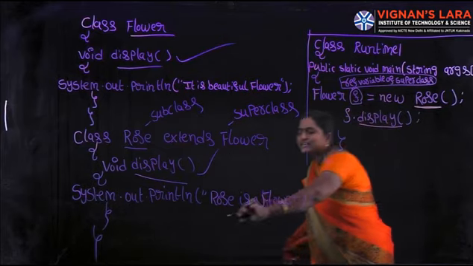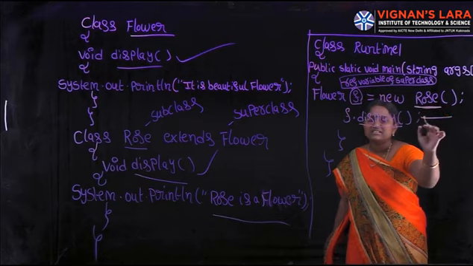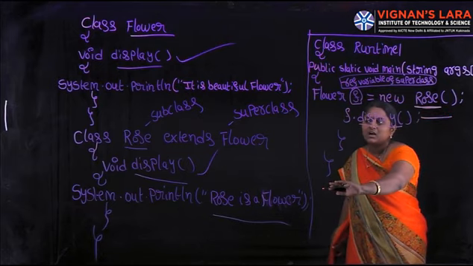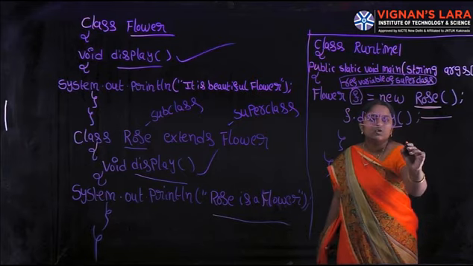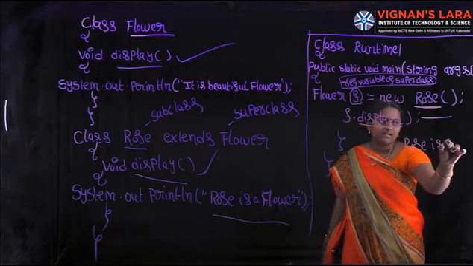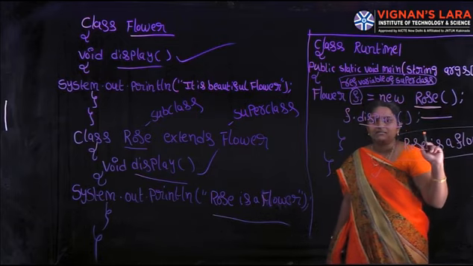What is our subclass method body? Rose is a flower. Whenever the JVM reaches this statement, the subclass method body is executed. It will display: Rose is a flower. If you compile and run this program, we get this output: Rose is a flower.